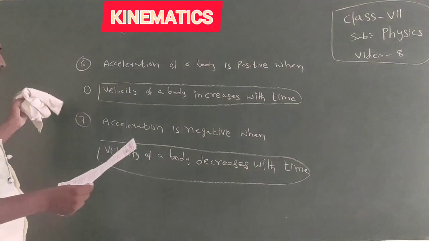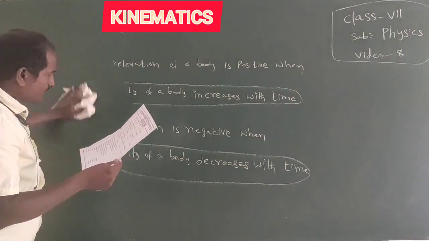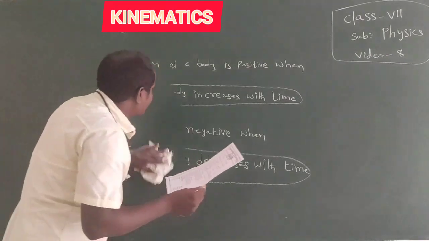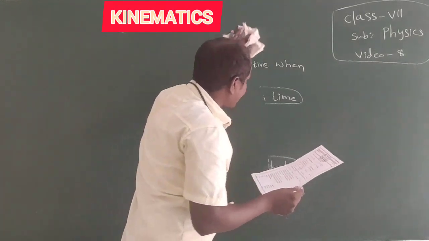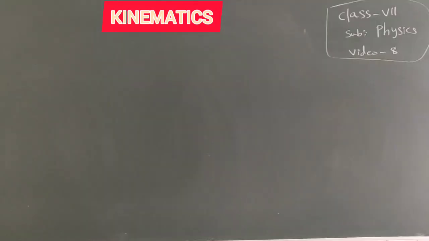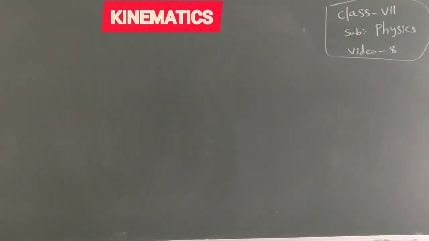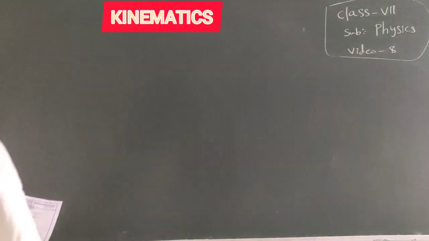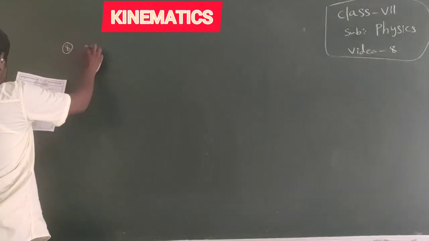Next one is match the following. Column 1 and column 2 are given. So here in column 1, all the values are given in meter per second, and they convert into kilometer per hour.